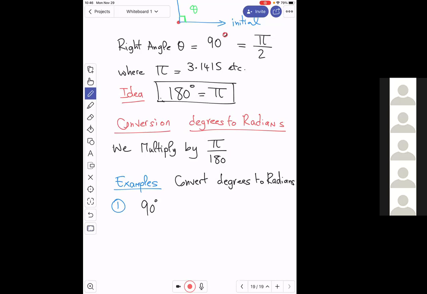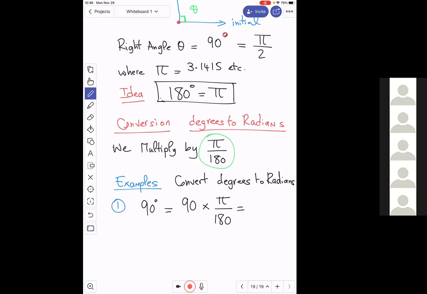So if you want to convert 90 degrees to radians, as I said, we need to multiply by pi over 180. So this is 90 degrees times pi over 180, right?